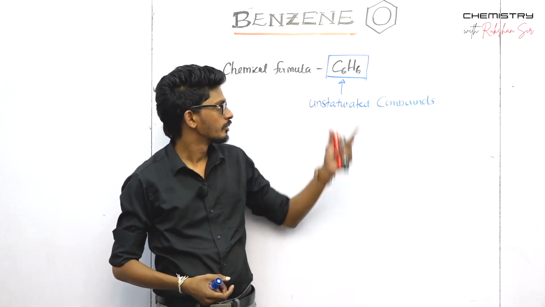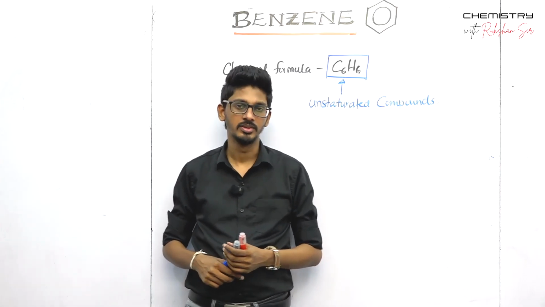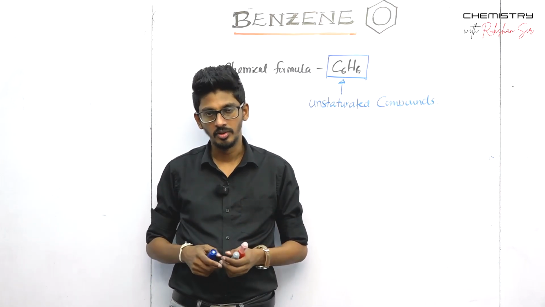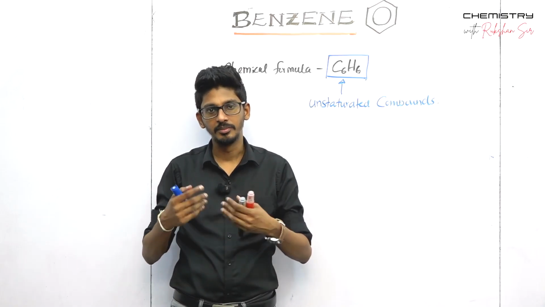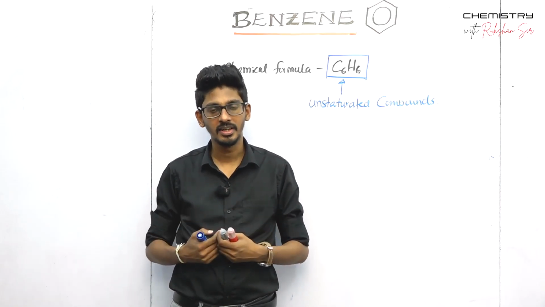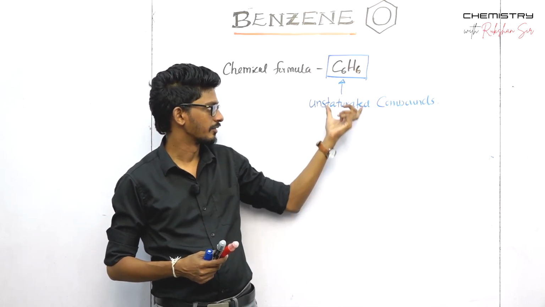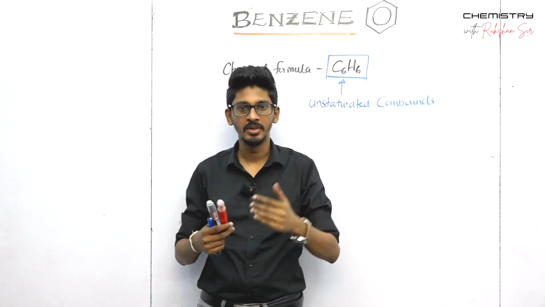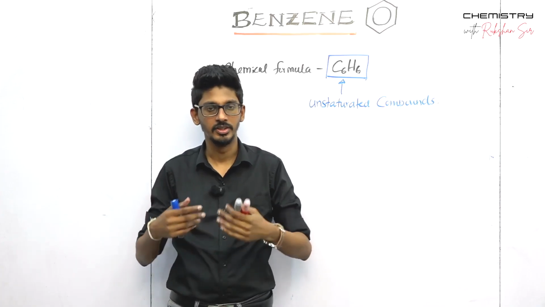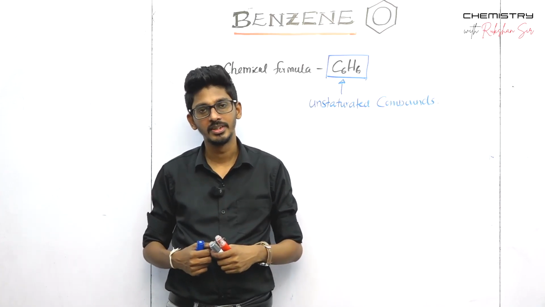Unsaturated compound means carbon-carbon pi bonds are there. As a hydrocarbon and an unsaturated compound, you should think of carbon-carbon pi bonds.